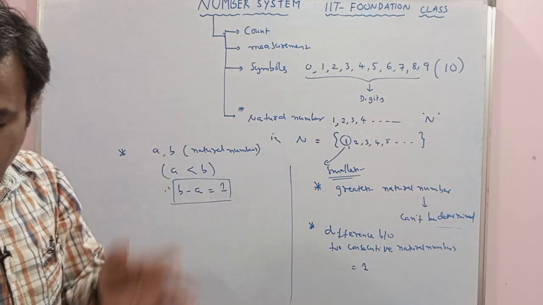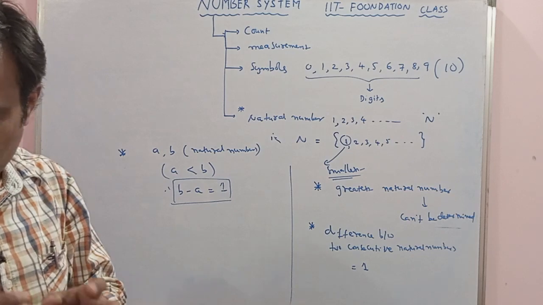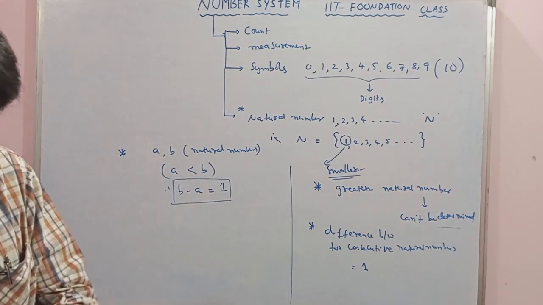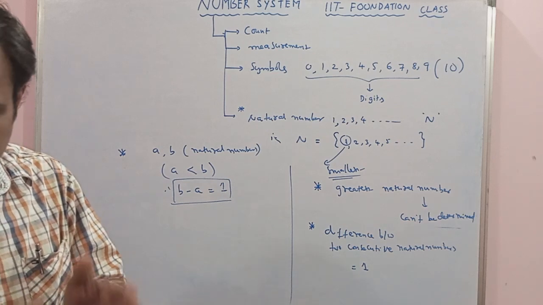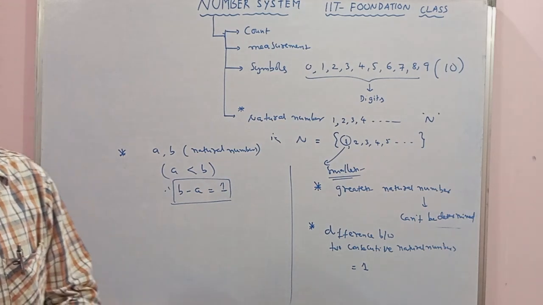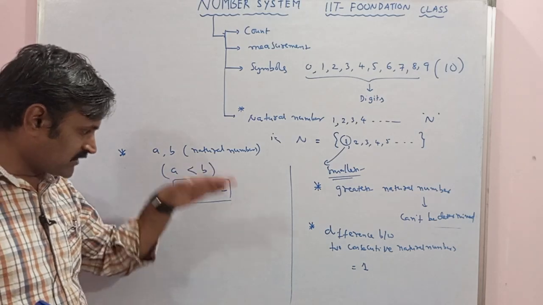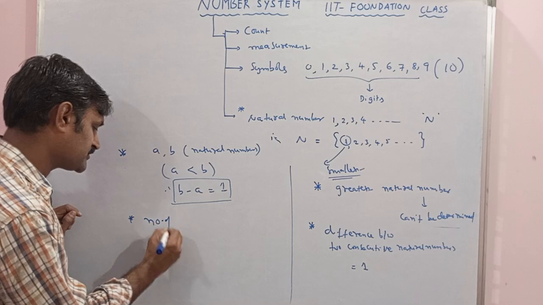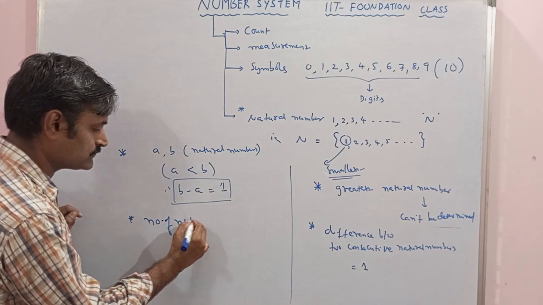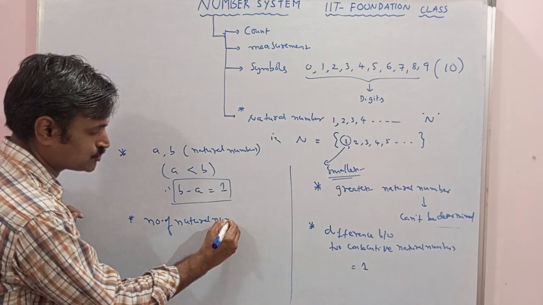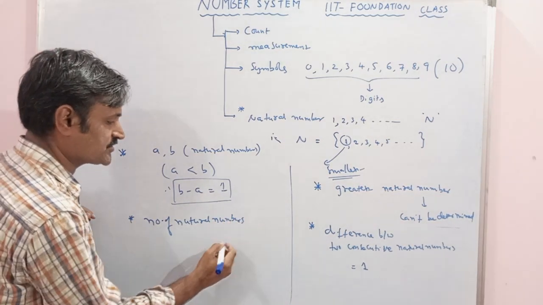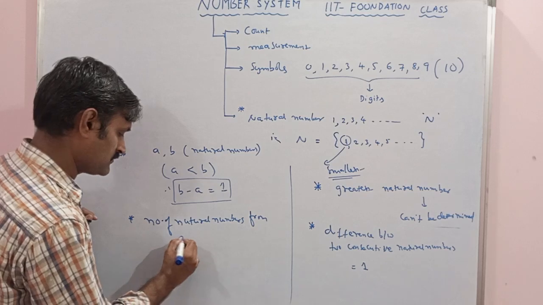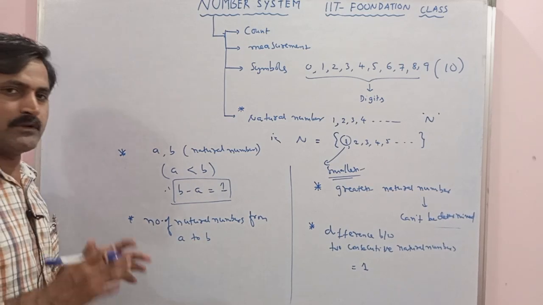Now, the number of natural numbers from A to B. Whenever you want to find the number of natural numbers from A to B, where A is less than B, how will it become?